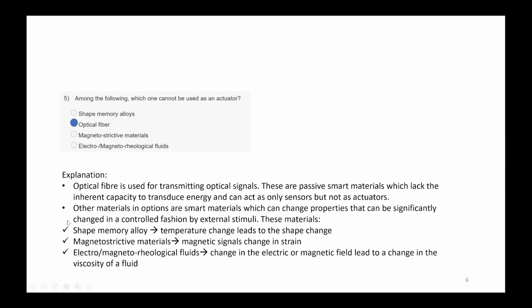In shape memory alloys, a temperature change leads to a shape change. In magnetostrictive materials, magnetic signals lead to a change in strain. And in electro-magnetorheological fluids, a change in electric or magnetic field leads to a change in viscosity of the fluid.